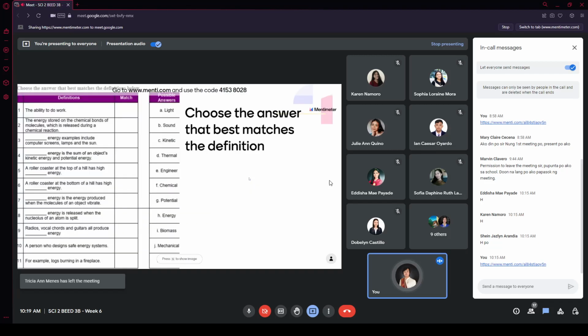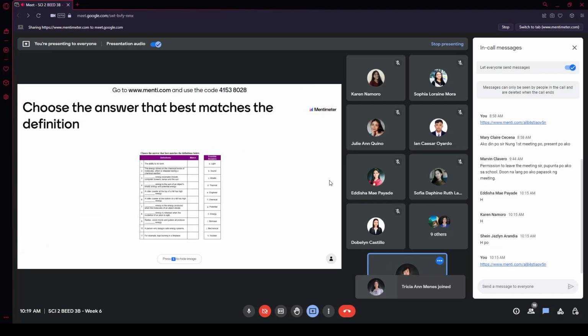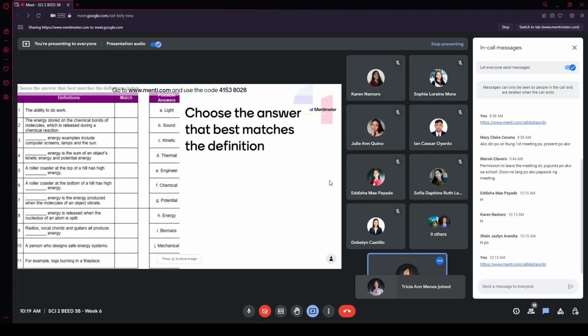Okay, so for number 2, energy stored on the chemical bonds of molecules which is released during a chemical reaction. So what letter is that? H, we already used that. So is it A, B, C, D, E, F, G, I, J, or what's the other one? Nuclear. So what's our answer?